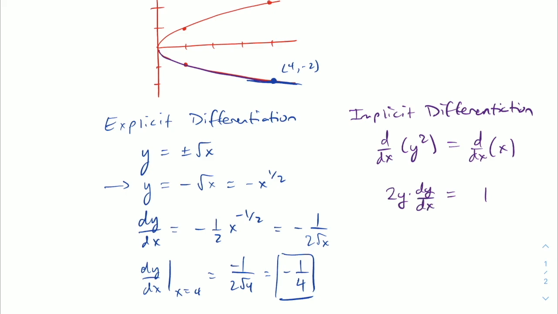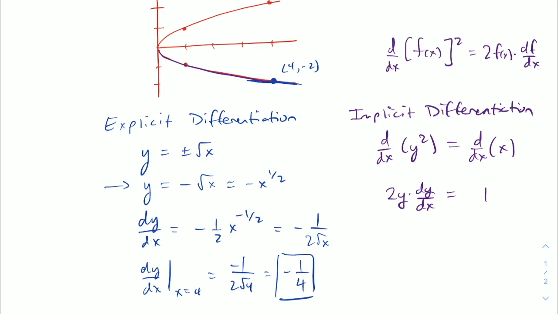Okay? So it's really tempting to write just 2y, but y is an implicit function of x. We're not solving for it. We're just thinking of it as a function of x. And then when we differentiate y squared, it's like we're differentiating f(x) squared, and so we'll get 2f(x) times df/dx. Same idea.